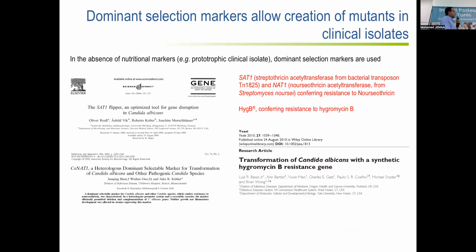Then later on, there was development of dominant selection markers. We're not talking anymore about nutritional markers here, but dominant selection markers.